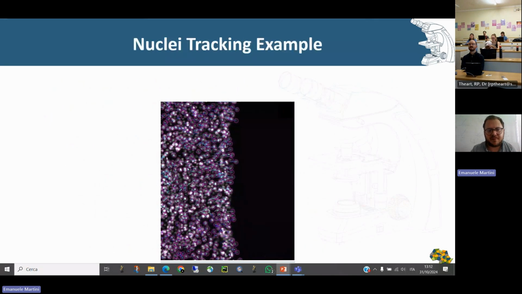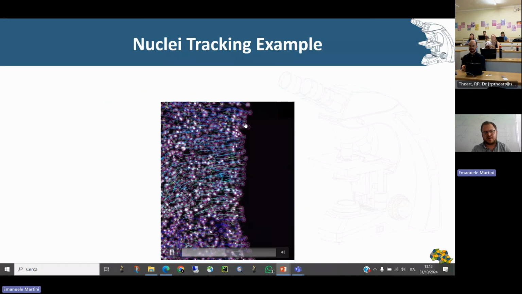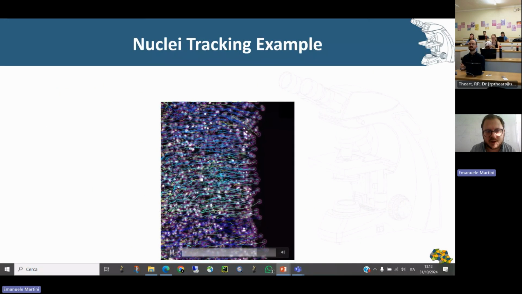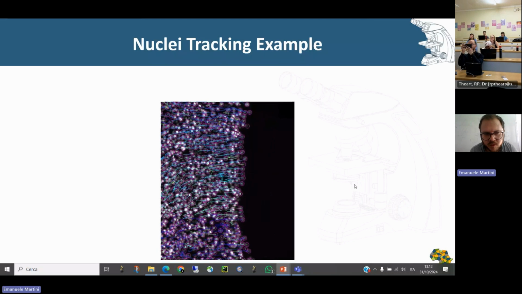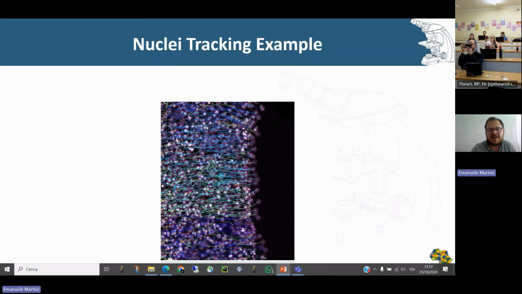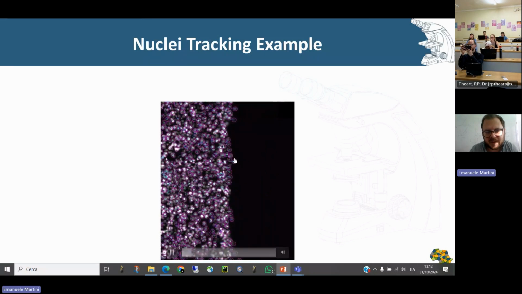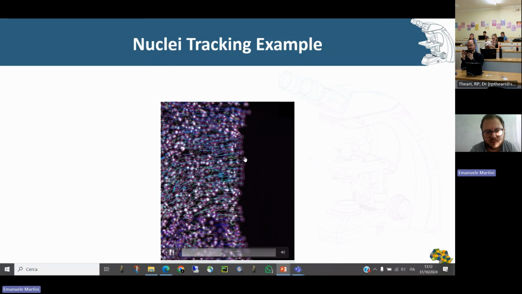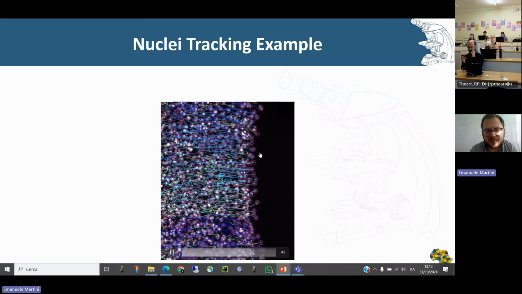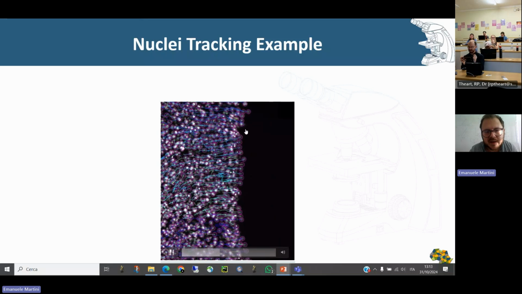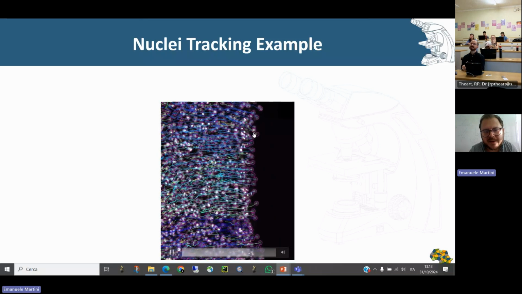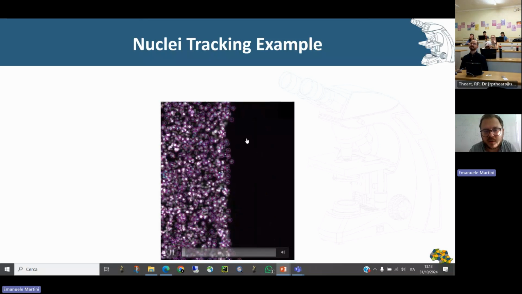What you obtain is something like this. This is a time-lapse experiment where each object you see is a nucleus tagged with DAPI, a fluorophore. What you are really seeing is the detection part, where the algorithm finds the nuclei. But as you can see, it's not really finding the boundaries of the object. It's not really doing a segmentation.